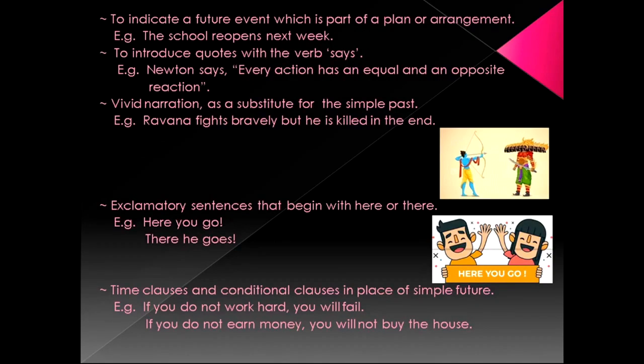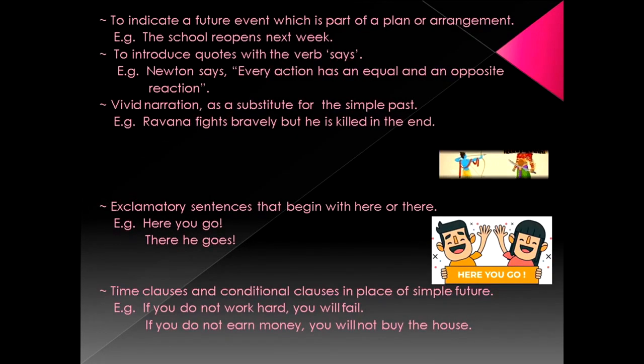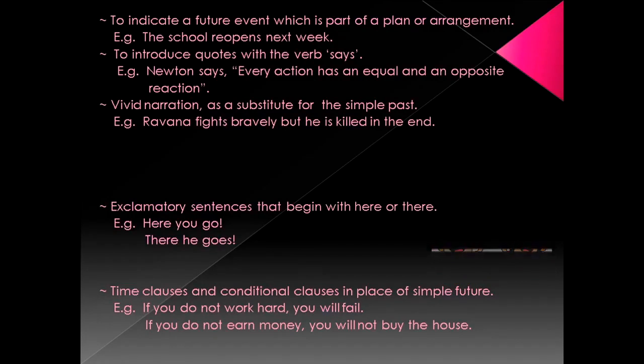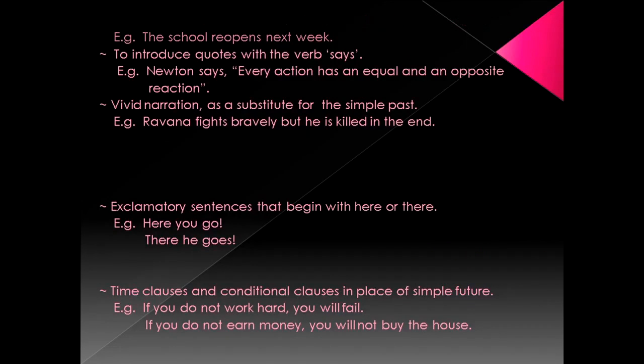If you do not work hard, you will fail. Here, if you do not work hard is a conditional clause. Condition because the condition is given here that if you do not work hard. Now what will be the result of it? You will fail. That means whenever you are having a conditional clause in a sentence, then you will always use the simple present tense where you are talking about the result or the outcome that will come in the future.